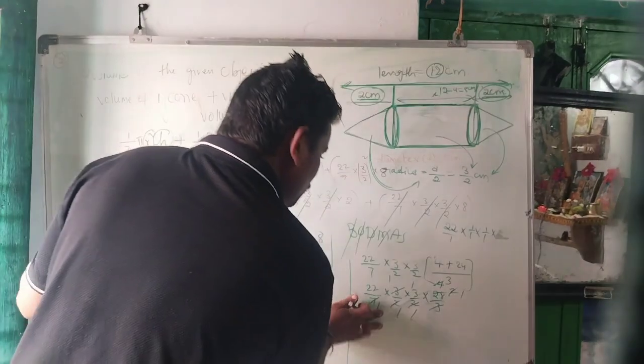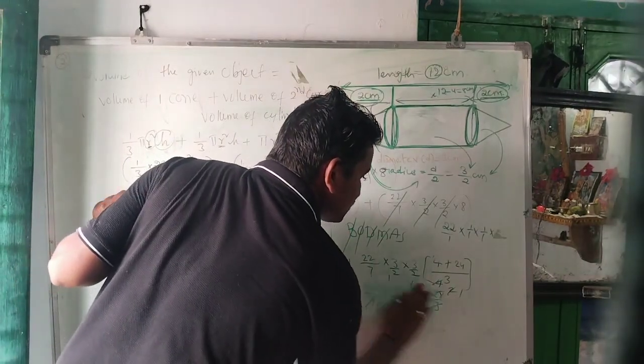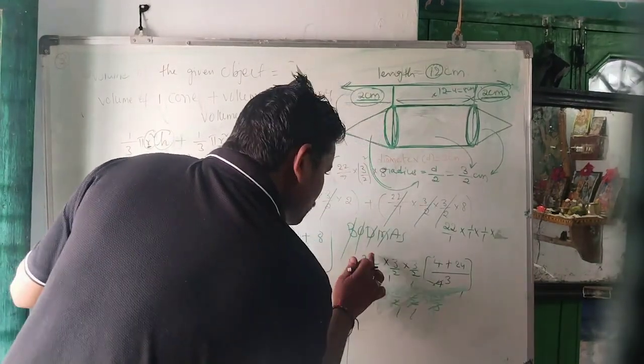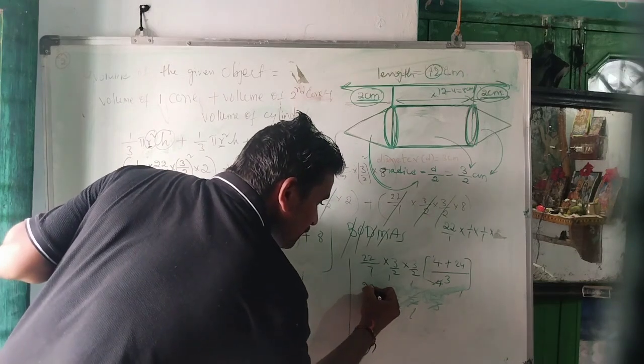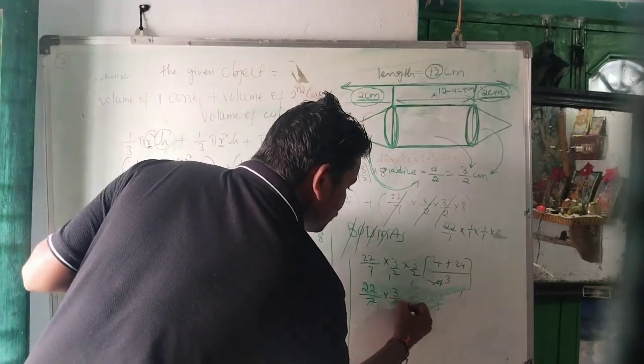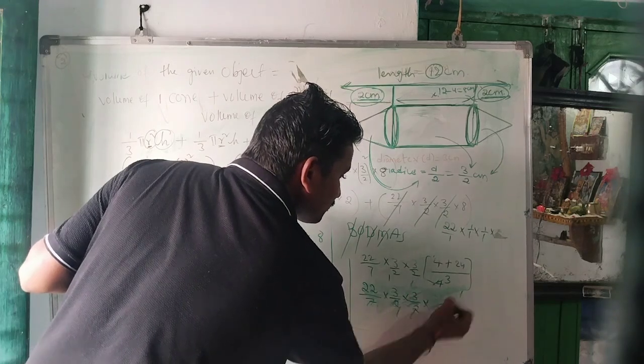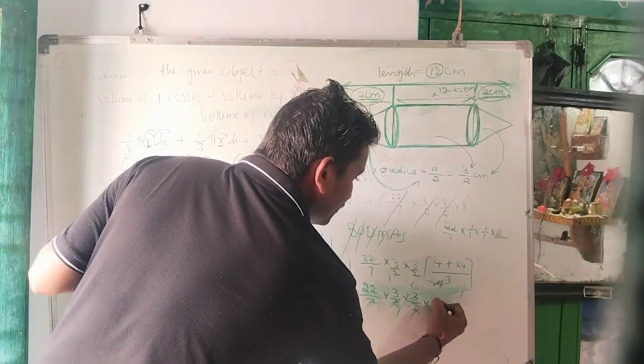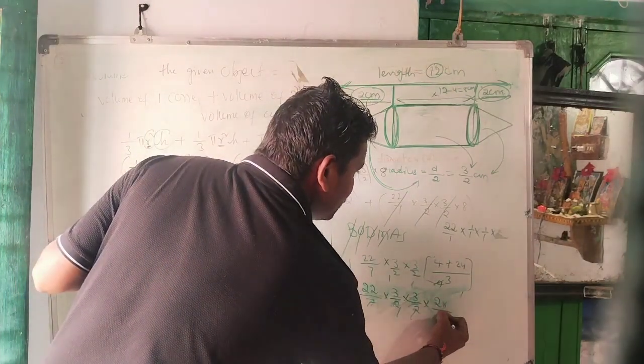Sorry, once again I will do the cancellation. 22 by 7 into 3 by 2 into 3 by 2 into 4 plus 24, 28. 28 by 3.